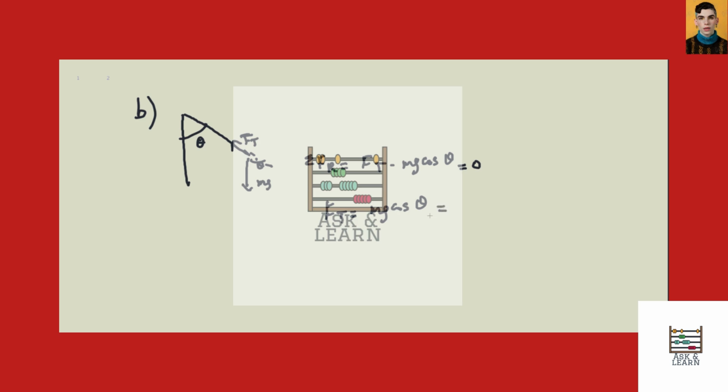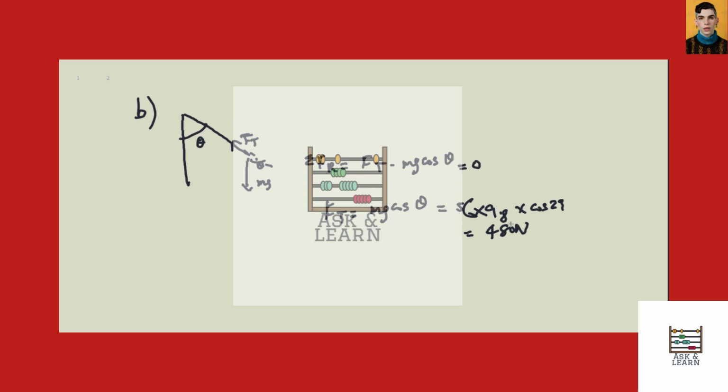Which is equal to 56 times 9.8 times cos 29, and that should give you 480 newtons.